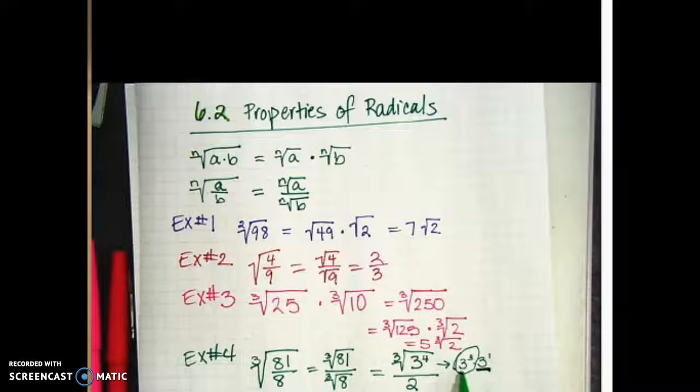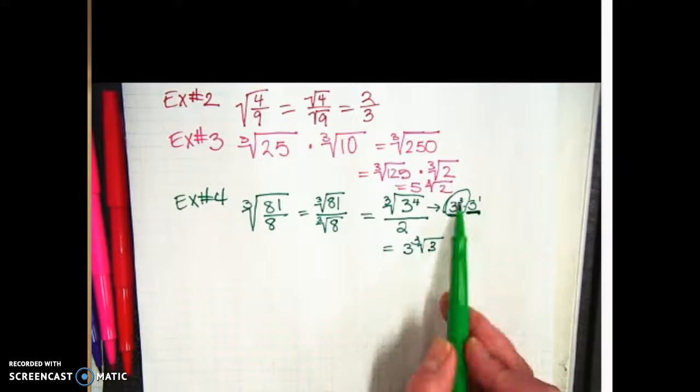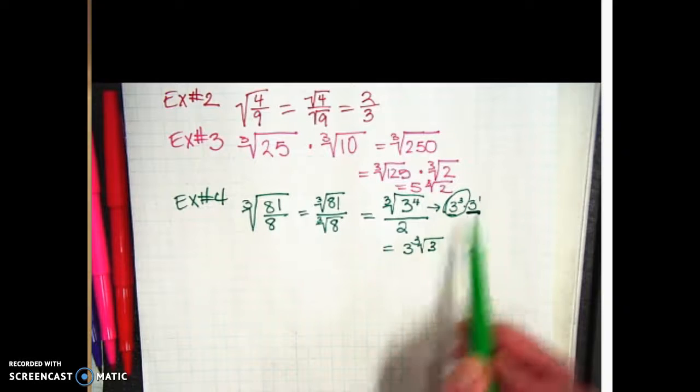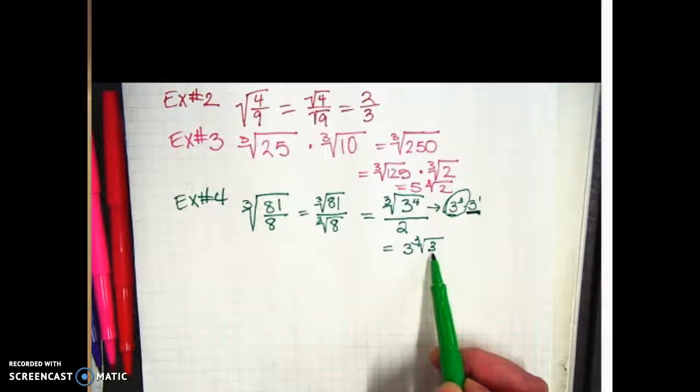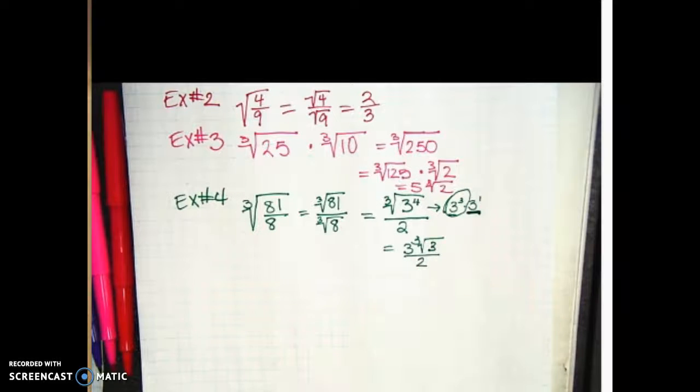So this 3 is going to come out, and then this 3 has to stay under the cube root. Okay? This 3 to the 3rd, that 3 came out in front. This 3 to the 1st power has to stay under the cube root, and then the denominator is 2.